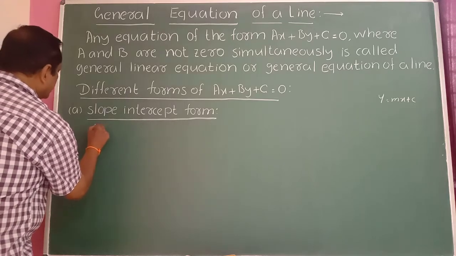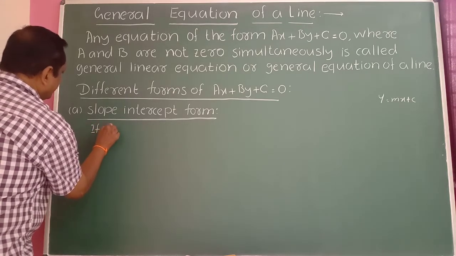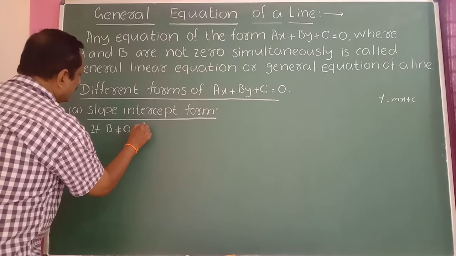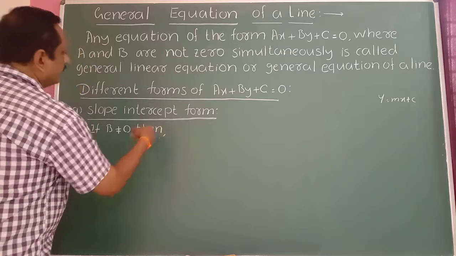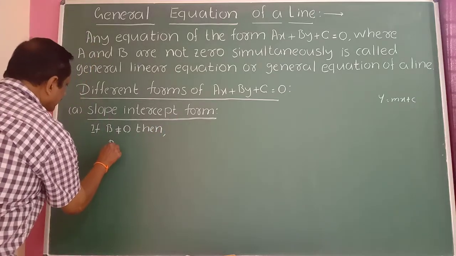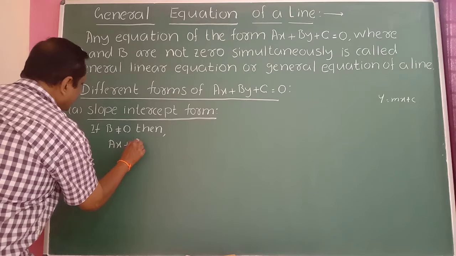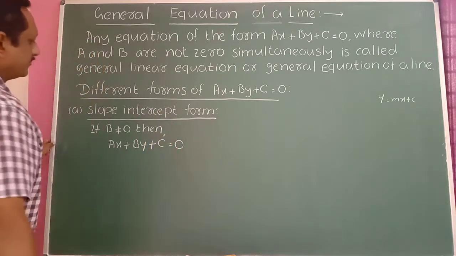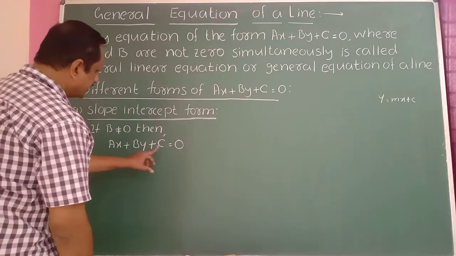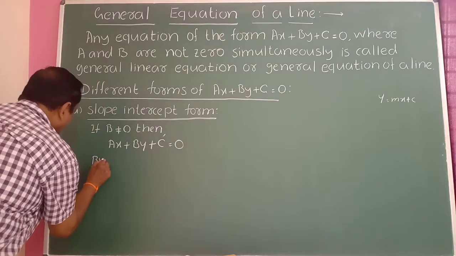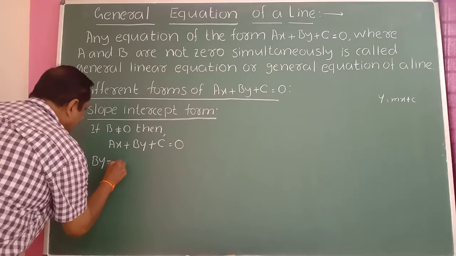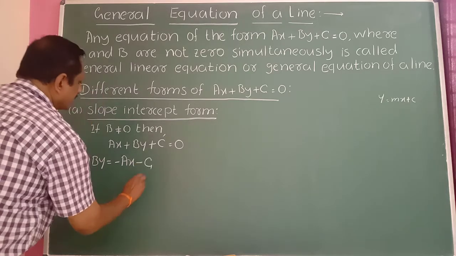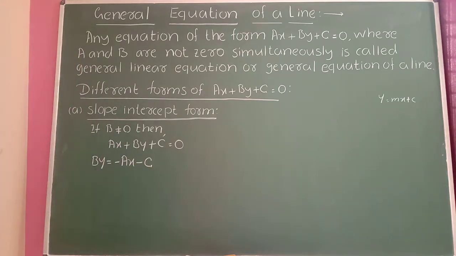Suppose b is not equal to 0, then ax plus by plus c is equal to 0. Take ax and c to the right hand side. So b into y is equal to minus ax minus c.